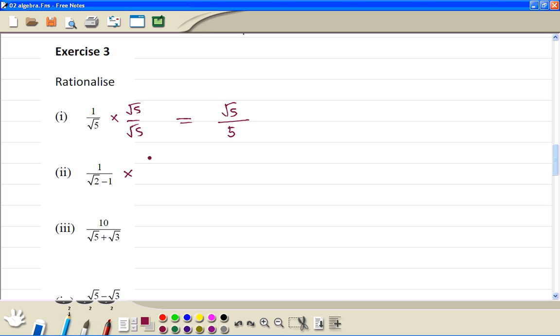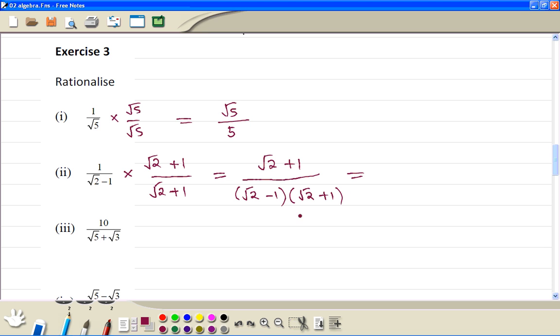This one you can multiply the top by root 2 plus 1 and divide by root 2 plus 1. So on the top we just get root 2 plus 1 times 1. On the bottom we get two brackets, root 2 minus 1, and the other bracket root 2 plus 1.